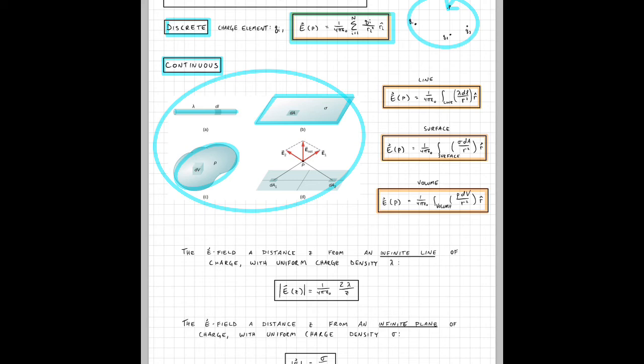And so the first thing that happens, and let's focus on the line first. When I have the line expression here, or the line picture, lambda is the linear charge density, similar to how mu was the linear mass density. So that's the linear charge density.